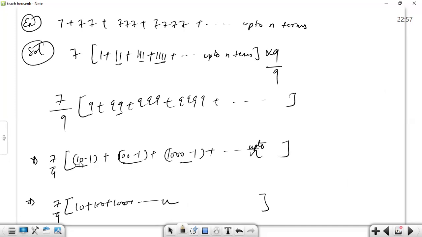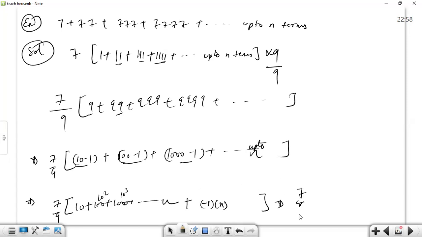What is happening is 10 plus 100 plus 1000, and these numbers will get added n number of times, and also minus 1 is going to get added n number of times. Now we may write 100 as 10 squared, and 1000 as 10 raised to power 3. So this is basically a GP having common ratio 10. Great. Now we have cracked it.